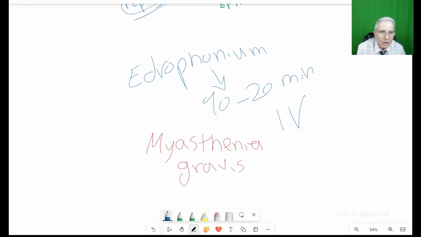When a patient comes to the clinic suffering from myasthenia gravis and we prescribe edrophonium IV, you know that the duration of action is 10 to 20 minutes. So if the patient suffers from myasthenia gravis, the symptoms will improve after 10 to 20 minutes.